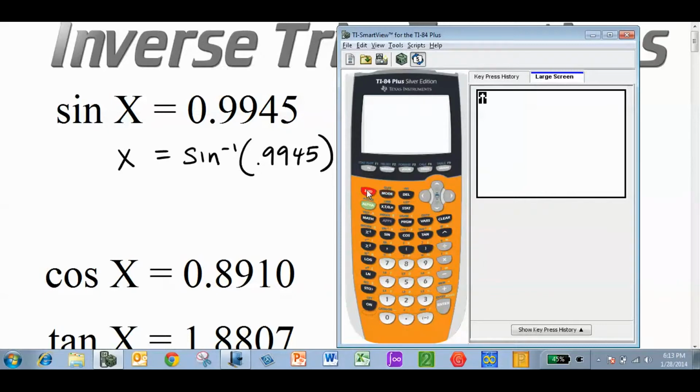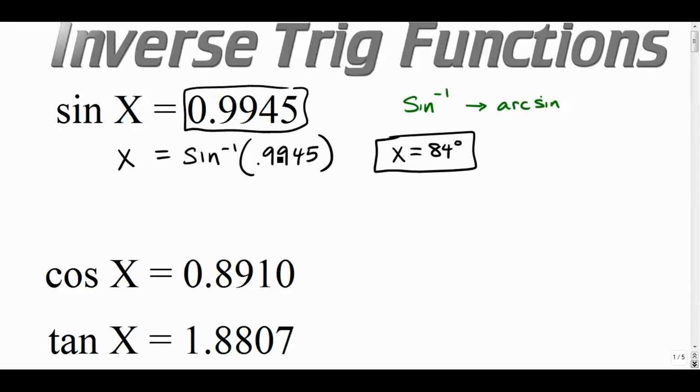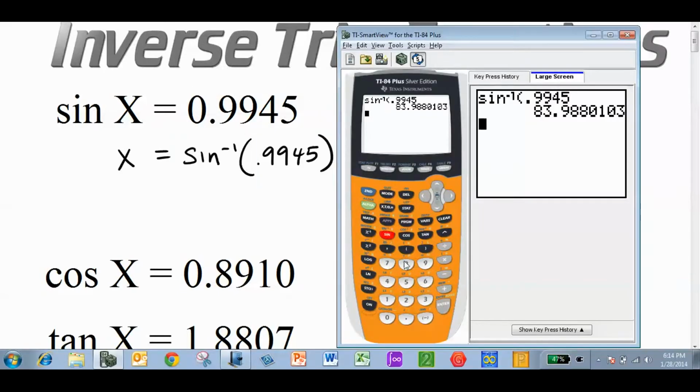We hit second sine, and then 0.9945. And we get about 84 degrees. So x is 84 degrees. That means if we take the sine of 84, we get about 0.9945.